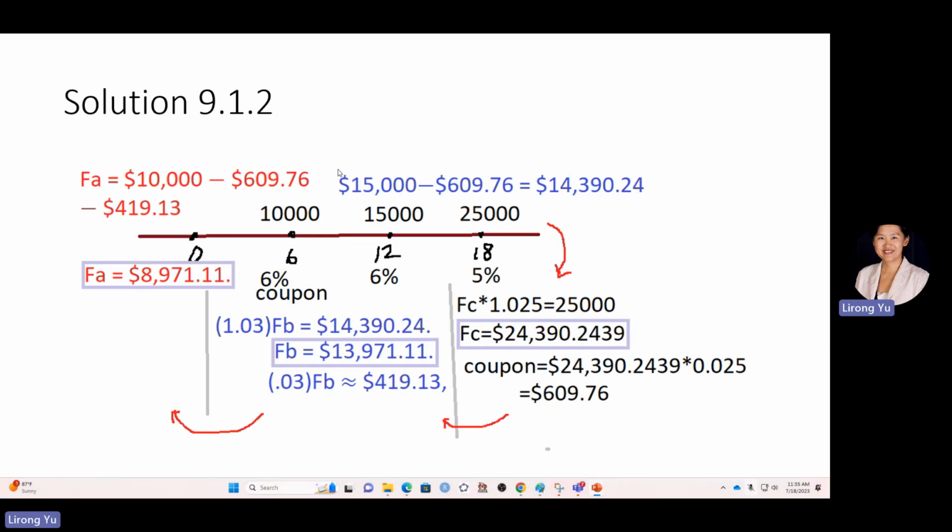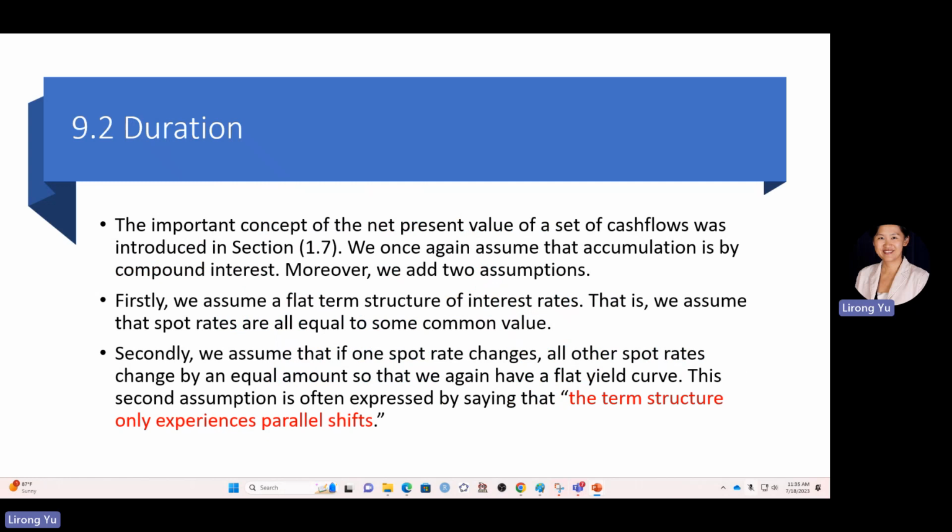All right, so that is the solution. The blocked-out FC, FB, and FA are our answer for the portfolio. As you can see, we solve for FC first, then FB, and then FA. That's the progression of reasoning.